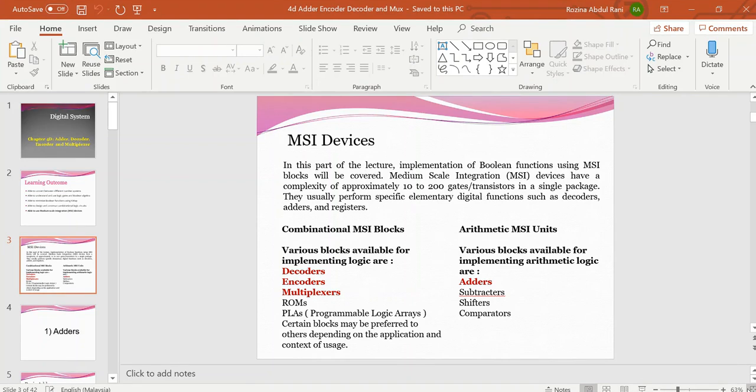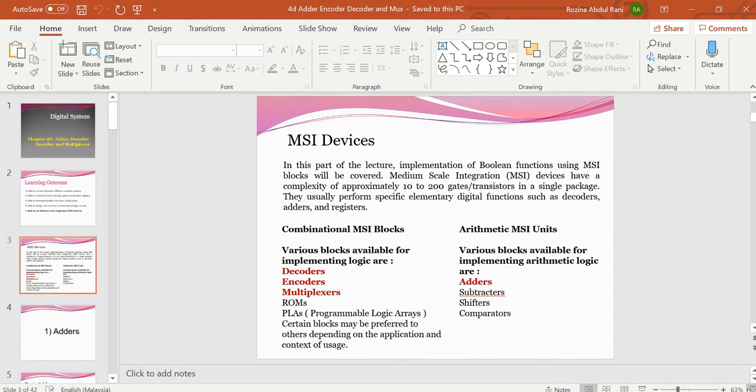They were very crucial in the development of early computers. SSI was followed by the introduction of devices which contain hundreds of transistors on each chip. We call this medium scale integration. This is what we're going to focus on in this chapter.